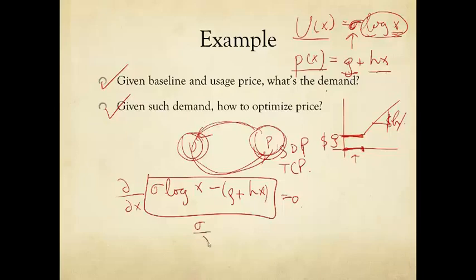Well, it's just sigma over x minus H equals 0. That means my x star is just sigma over H. All right, that makes sense. Bigger H, steeper slope, I consume less. How much less? Well, governed by sigma. Fine.